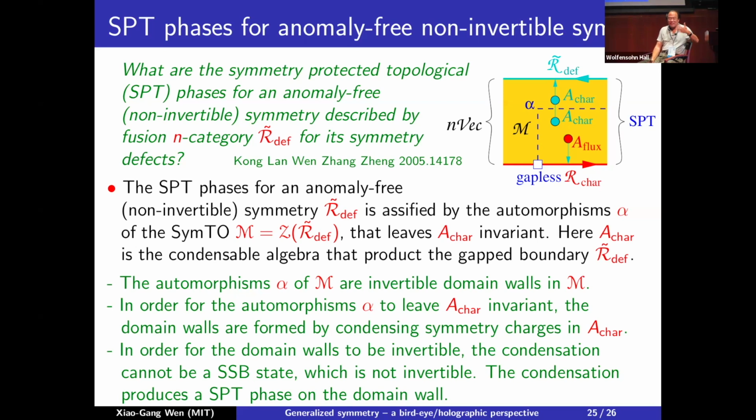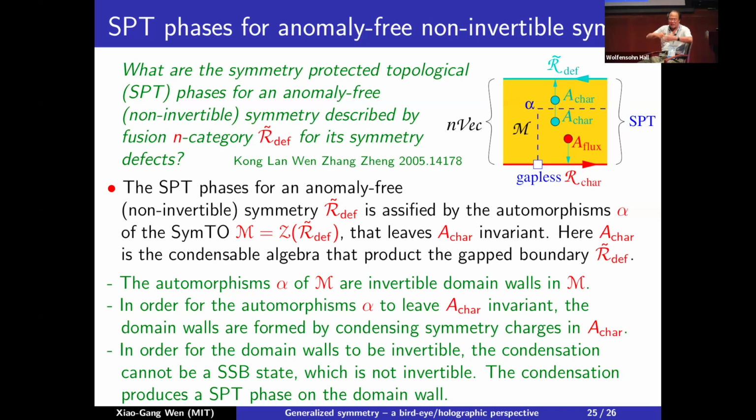So basically, the automorphisms of the SymTO classify SPTs for that SymTO. There's a little bit of a catch: because the top boundary is a symmetry defect boundary, this automorphism may change the condensation which produces this top boundary. There is a condensable algebra which produces the top symmetry defect boundary, and we need to require that the automorphism leave this condensable algebra unchanged, so that we are talking about the same symmetry.